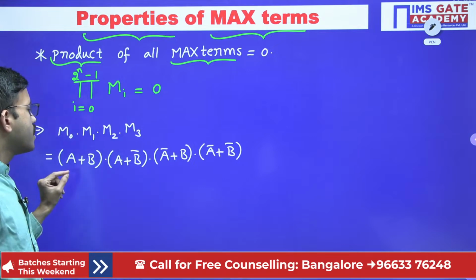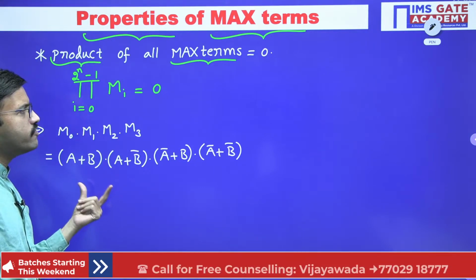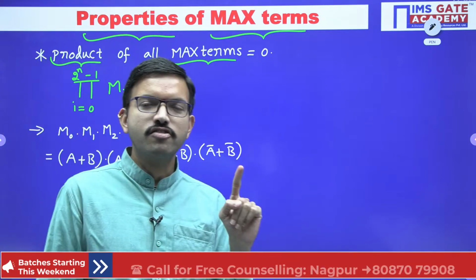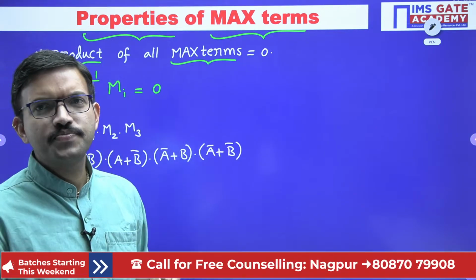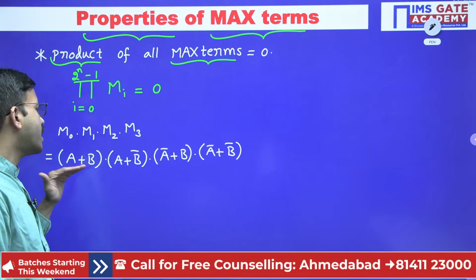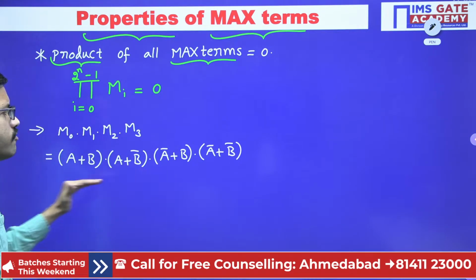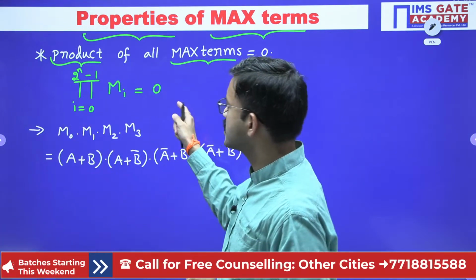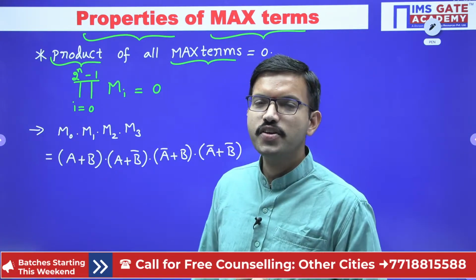Now, you can get the resultant value 0 easily by applying one of the laws. Which law can you guess? If you apply one law, you can get this answer easily in less time.